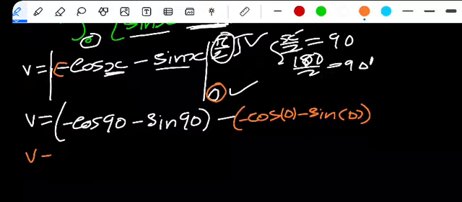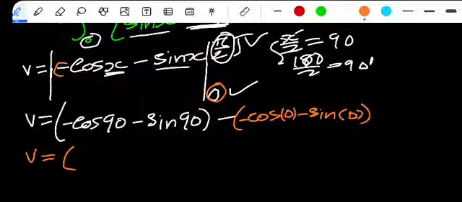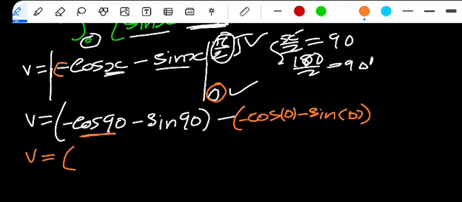What will be v? So we're supposed to check that. You can use your calculator. What will be this? Cos 90 is simply 0. Obviously, here we'll have 0 minus sine 90. What is sine 90? It will be 1. So we have 1 with our negative there.